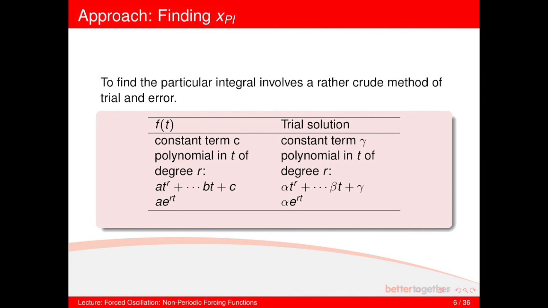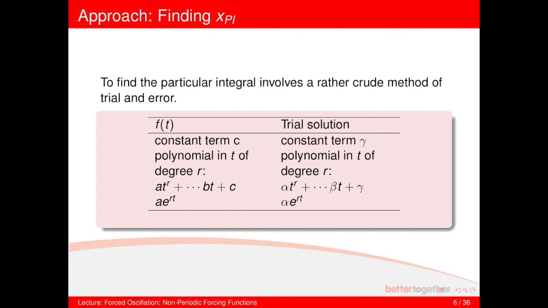And lastly, if it's an exponential, then we make our trial function an exponential. The reason I'm calling it a trial function is we test it out. Is this a solution? And if it is, what are these values of alpha and beta and gamma and all that sort of stuff? We're going to go through and solve those things. Like I said, the choice of trial function will depend on what your forcing function is.